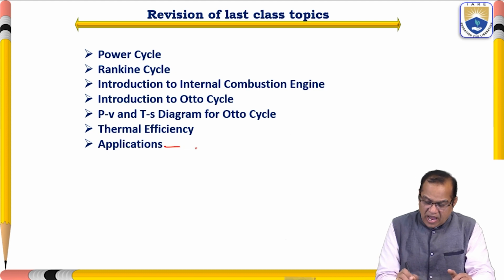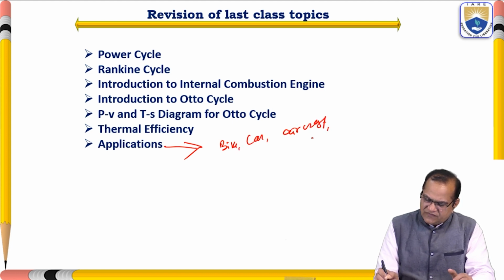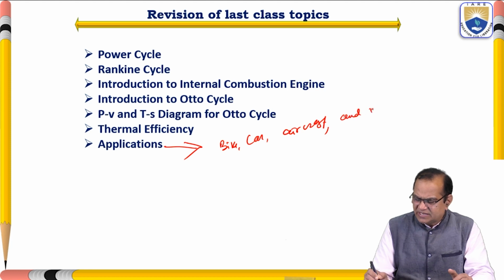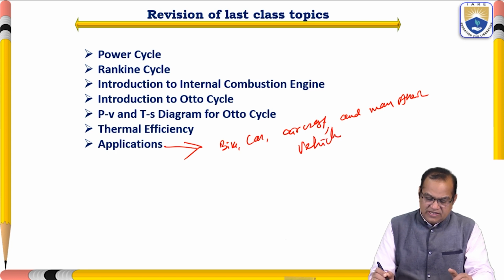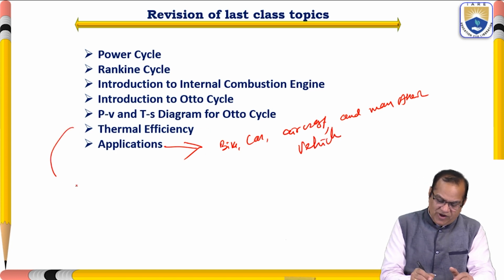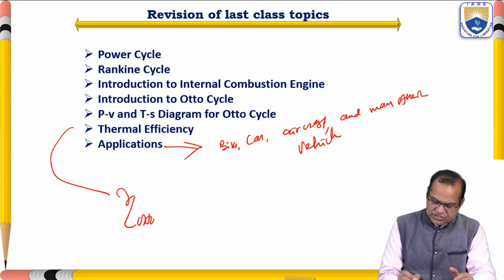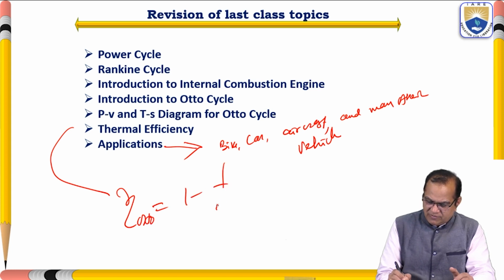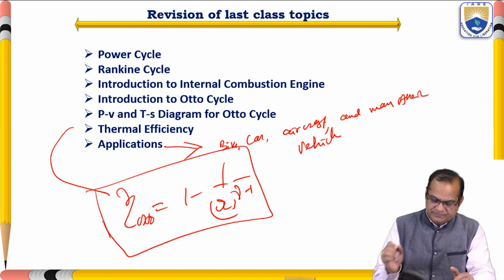We have seen that applications of the Otto cycle are the bike, car, aircraft, and many other vehicles. The thermal efficiency we also found: eta Otto is equal to 1 minus 1 by r to the power gamma minus 1.